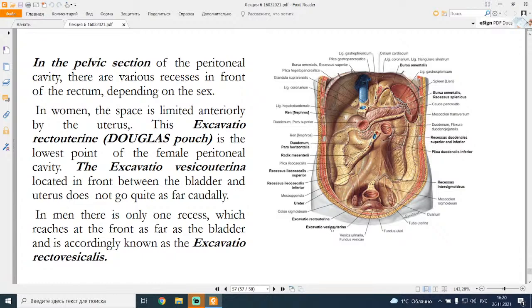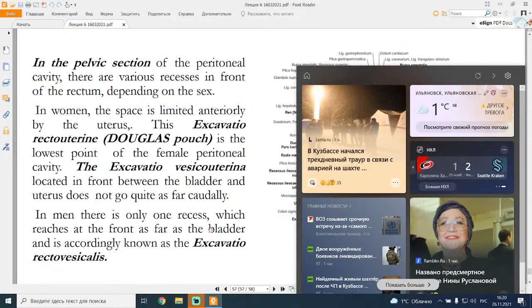Excavatio vesico-uterina, located in front between the bladder and uterus, does not go quite as far caudally. In men, there is only one recess, which reaches at the front as far as the bladder.